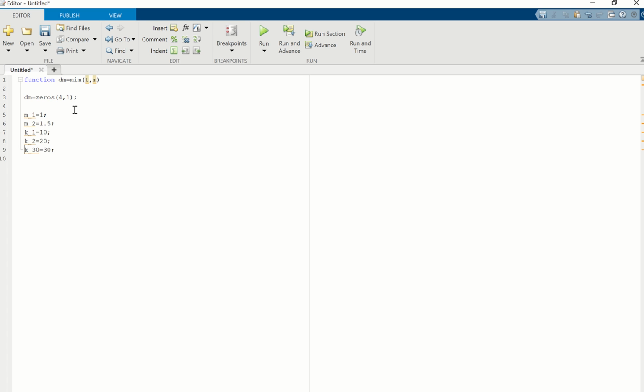For the damping, C1 is 2, and C2 is 0.3. I'm going to explain why later.